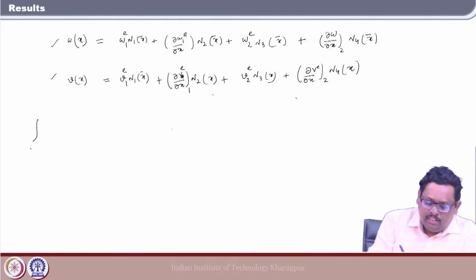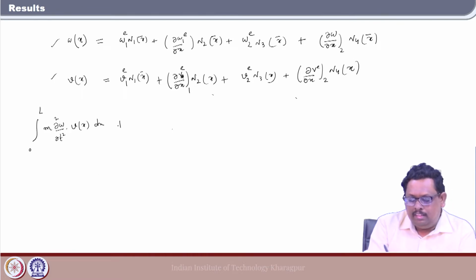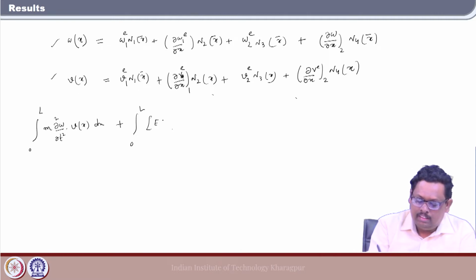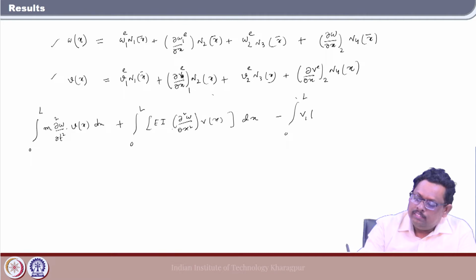If you remember, it is the integral from 0 to L of m into del square W by del t square, multiplied with my test function V(x) dx, plus the integral from 0 to L of E I into del square W by del x square, also multiplied with V(x) dx, minus the integral from 0 to L of V(x) into f, equals 0.